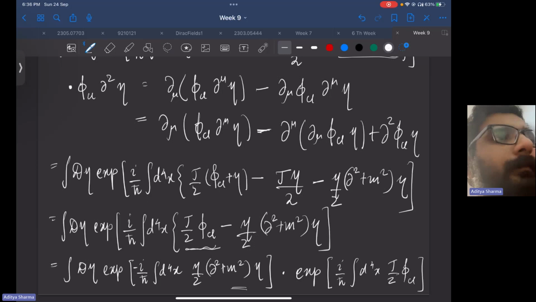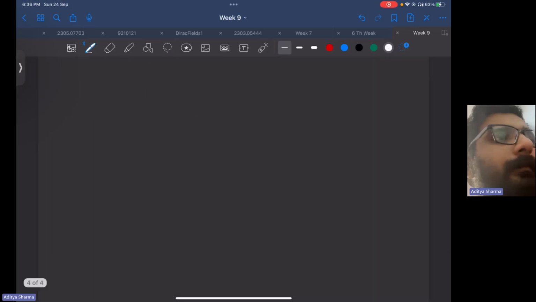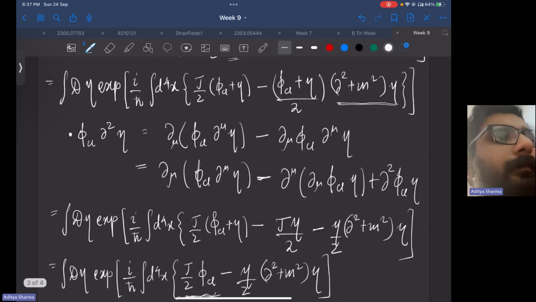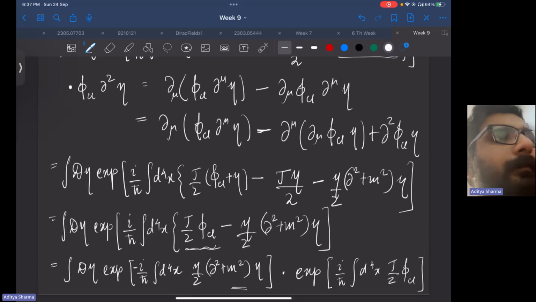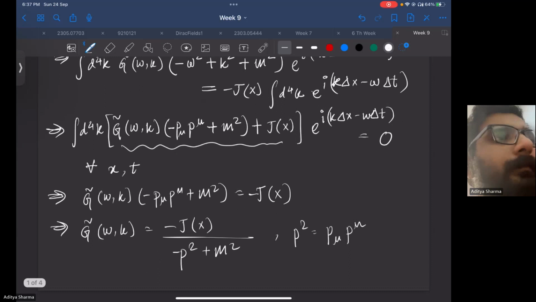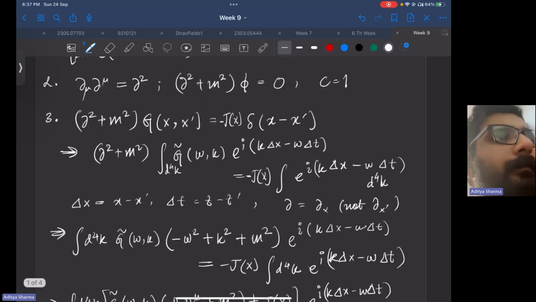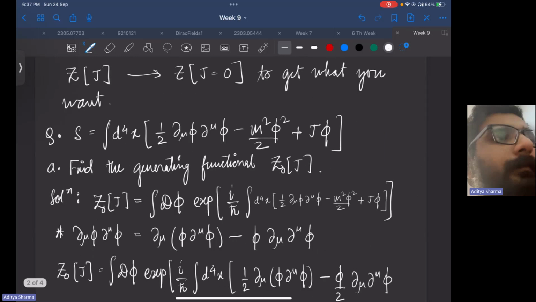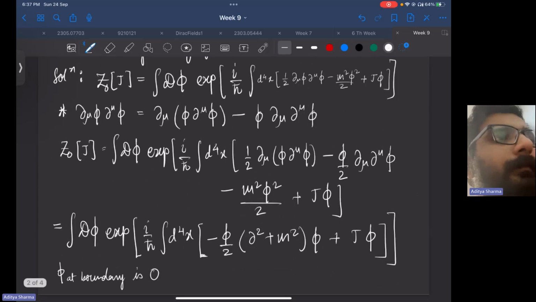This part I'm going to write as Z of 0, times exponential of, and the reason for saying that that is Z of 0 is also quite simple. If you put J of 0 here, then this is 0, and you have nothing but this term.